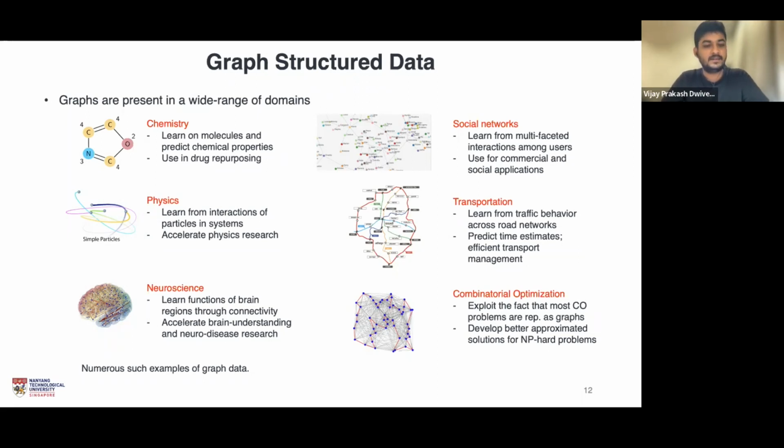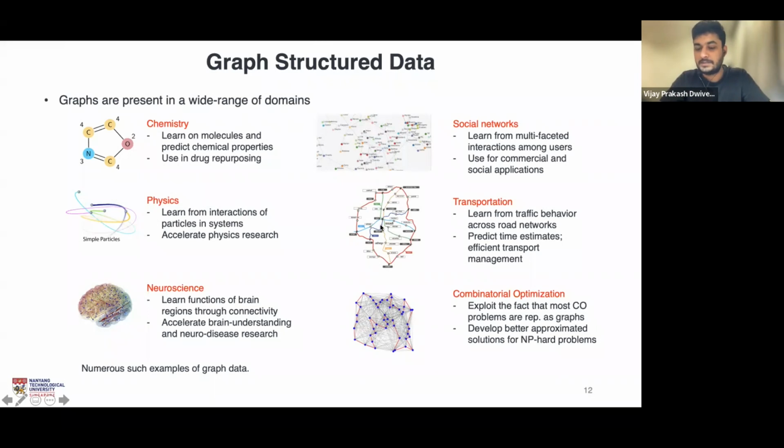In physics, several labs perform simulations and experiments of particles. The particles can be represented as nodes, and the interaction can be represented as the edges. And when deep learning models can model these dynamics, it helps accelerate physics research and perform experiments that would otherwise take hours or months or years of experiments by doing the same thing in an experimental setting.